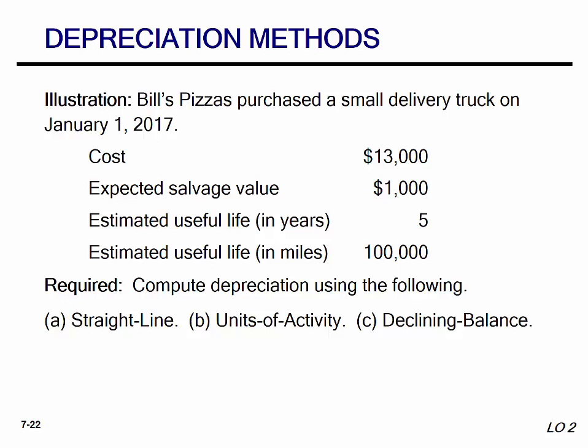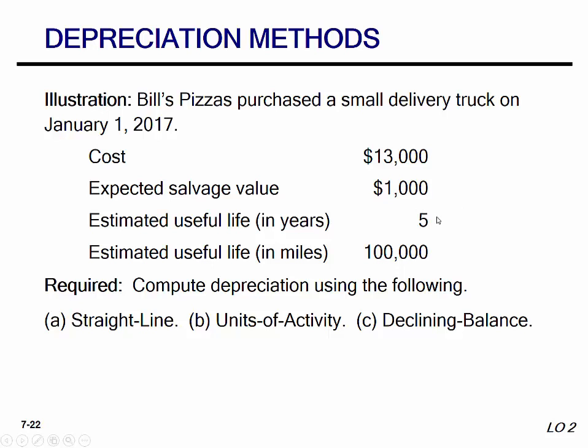cost of $12,000. We're actually going to use that same formula for depreciable cost when we do the units of activity method, which I will do in a separate video. The other thing that we need for the straight line method, while we're on this slide though, is this 5 years in useful life.